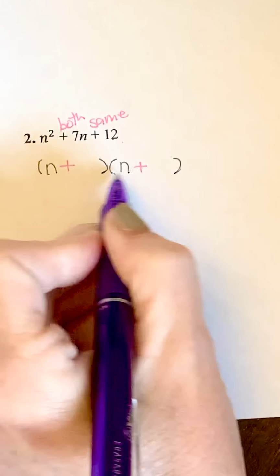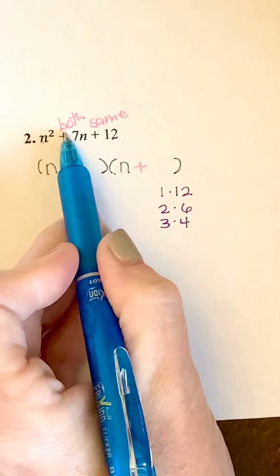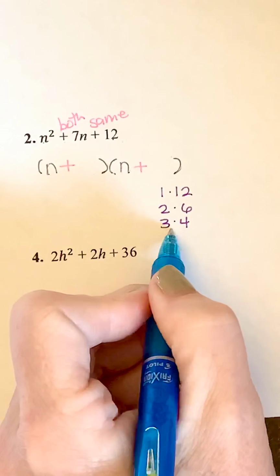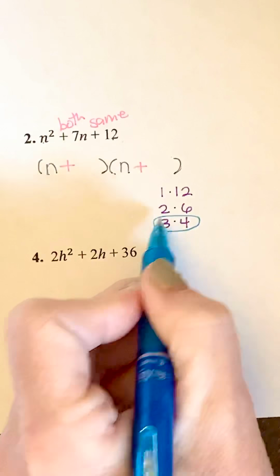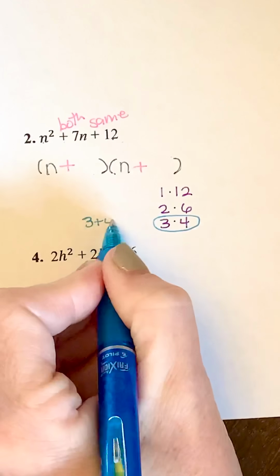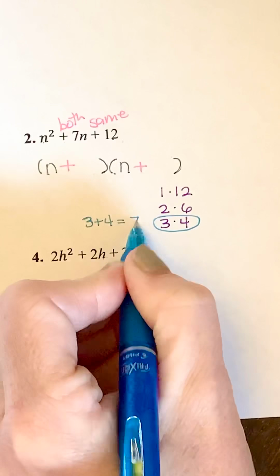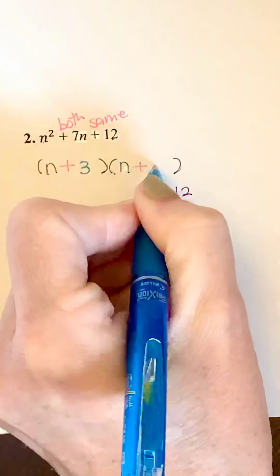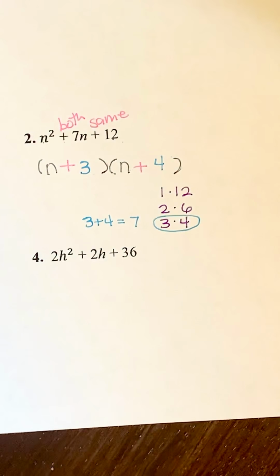And then I ask myself, well, here it tells me that they're both going to be positive. So then I ask myself, which two factor pairs will add together to give me a 7? And it's the 3 and the 4. So this is a 3, this is a 4.